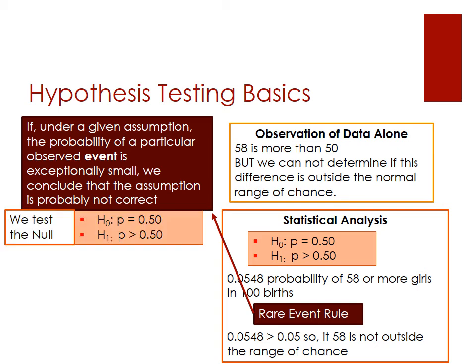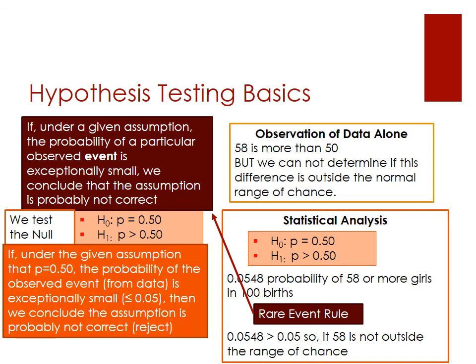Applying that to our hypotheses here, noticing that we test the null, so we're always testing the null hypothesis, we're testing P equals 0.50. Going back to the beginning, that is the claim that we're actually testing in order to infer support for our alternative claim.